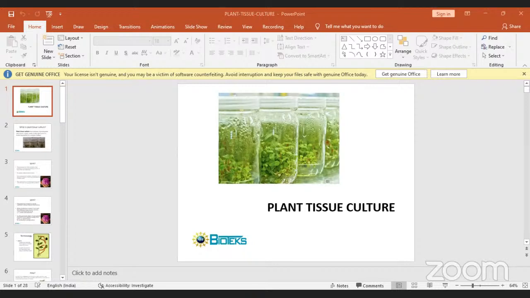So anther culture is a technique by which the developing anthers at a precise and critical stage are excised aseptically from unopened flower buds and are cultured on a nutrient medium. Listen carefully.